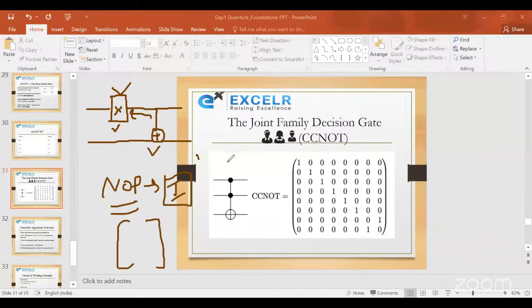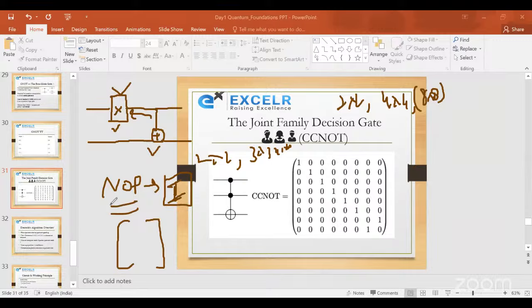Any order, either 2 into 2, 3 into 3, or 4 into 4, whatever. The ordering we take in the matrix depends on 2 to the power 1, 2 to the power 2, 2 to the power 3, like this. So any order of identity gate we can take, and this gate will do nothing to the inputs.